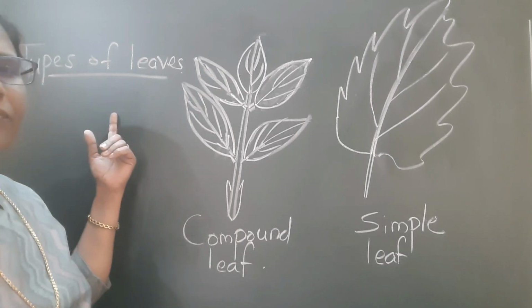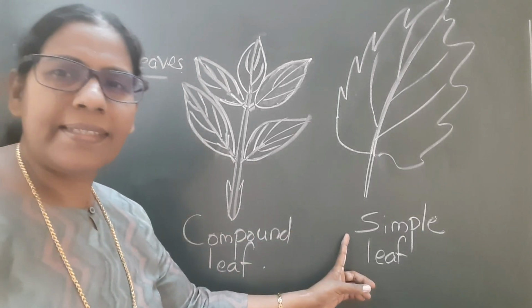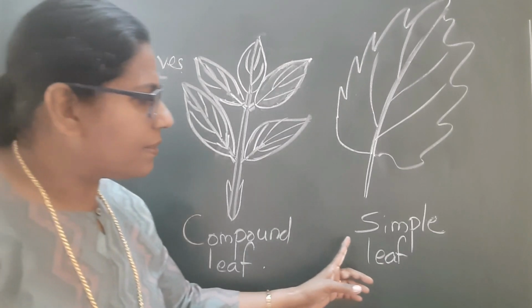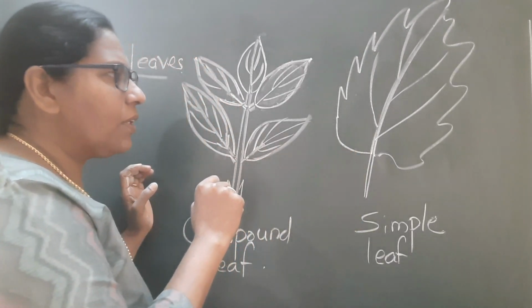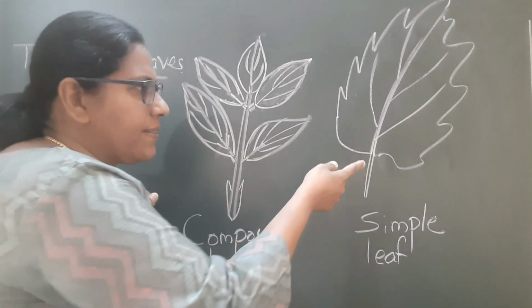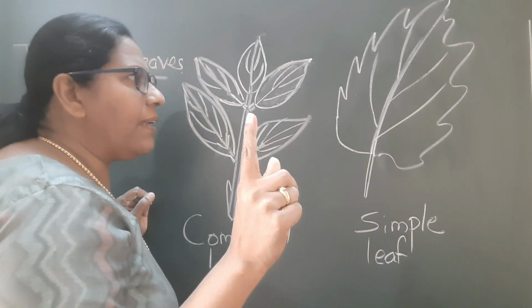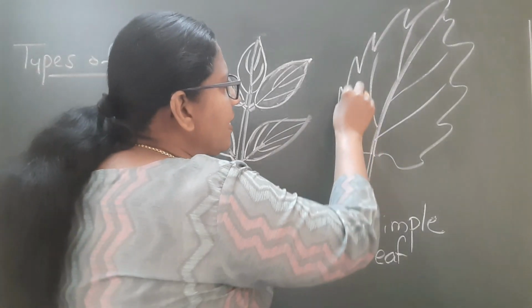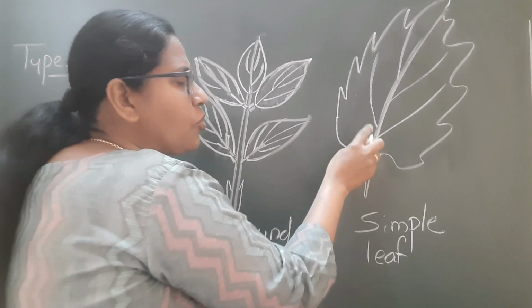Now let's see types of leaves. There are two types of leaves. Number one is simple leaf and number two is compound leaf. Let's see simple leaf first. When you look at the diagram, you will know the difference between these two. This is in a single piece. The lamina of the leaf is undivided. The margin incisions are not touched to the midrib.